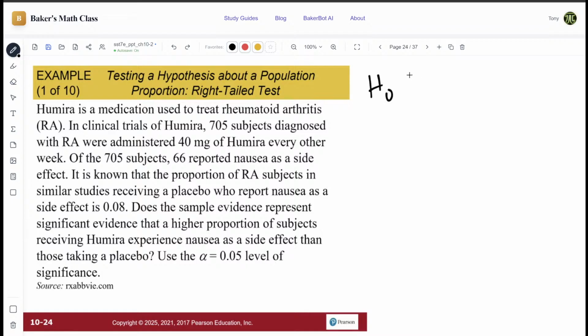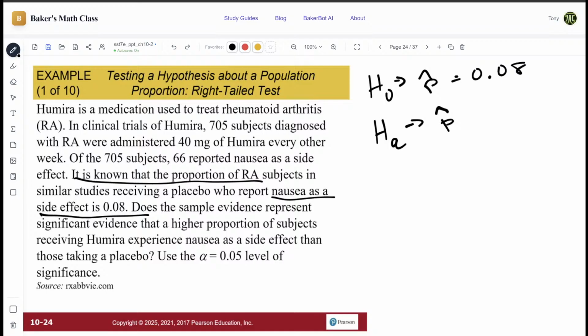All right, step one. Null hypothesis, alternate hypothesis. We're talking about proportion here. So that's the p hat. What's going to be my null hypothesis in this case? The 0.08. It's right there. So this is a known proportion. So that's what I'm comparing it to.